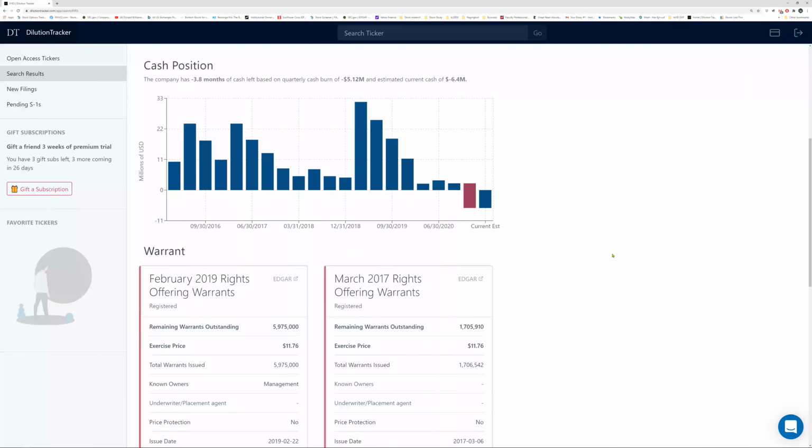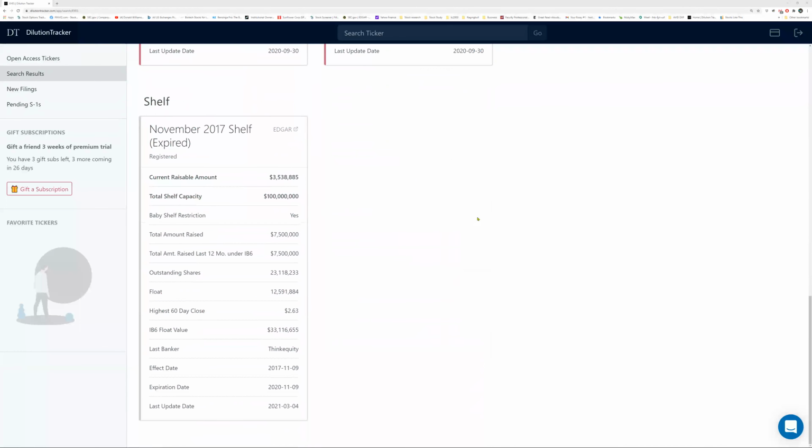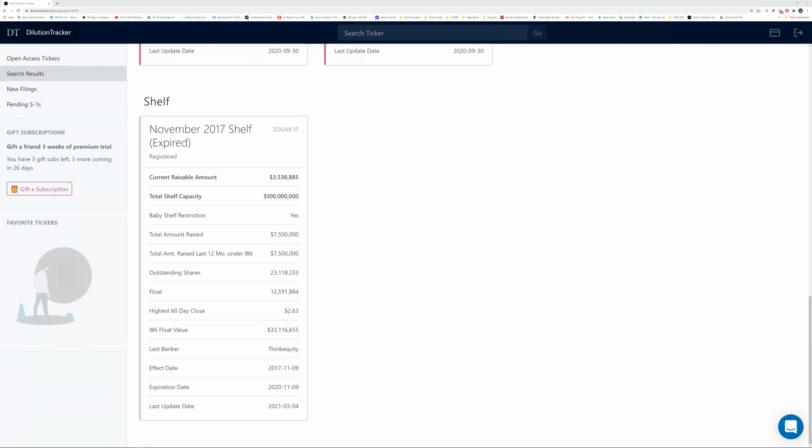Somebody tell me what I call the freedom price. Somebody figure this out for me before I do. Anybody tell me the freedom price on... and when I say freedom price, it frees itself from baby shelf. What's the freedom price of... let's see if anybody's got it.